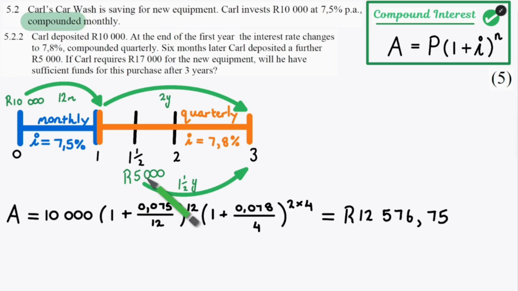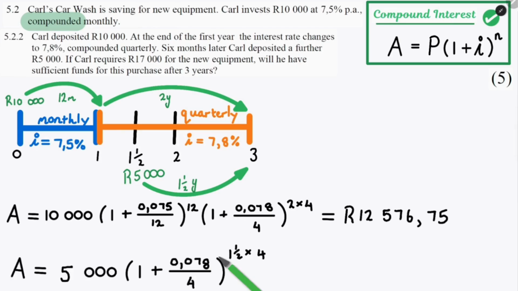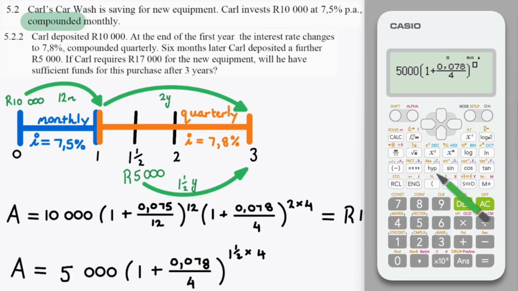Now we're going to deal with the 5,000 Rand that sits for 1.5 years. Okay, so for the 5,000, that 5,000 sits with the orange interest rate. So we just chuck that in, divided by 4 because it's quarterly, and it's sitting for 1.5 years. So 1.5 times 4, and then just be careful when you type that in your calculator. So you need to use the mixed number button over here.